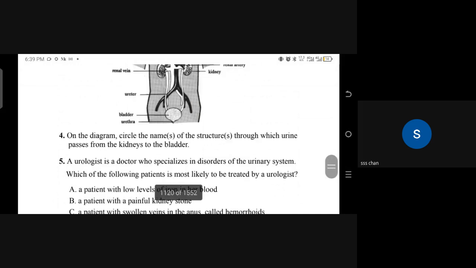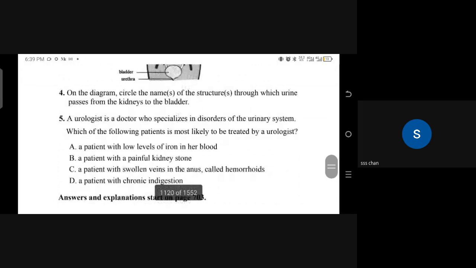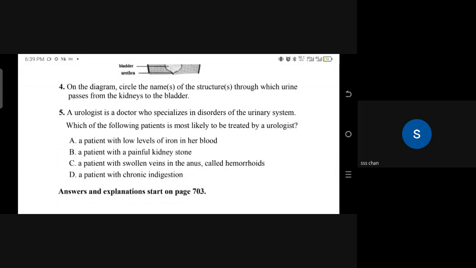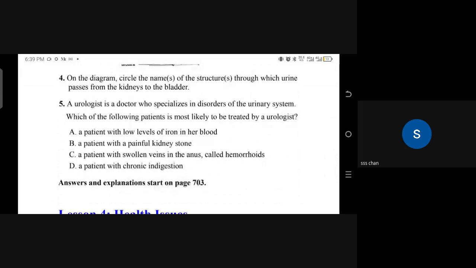It says a urologist is a doctor who specializes in disorders of the urinary system. Which of the following patients is most likely to be treated by a urologist? A, a patient with a low level of iron in her blood. B, a patient with a painful kidney stone.